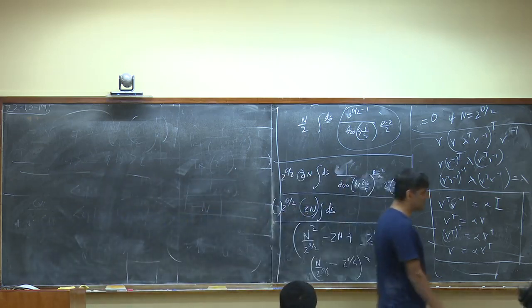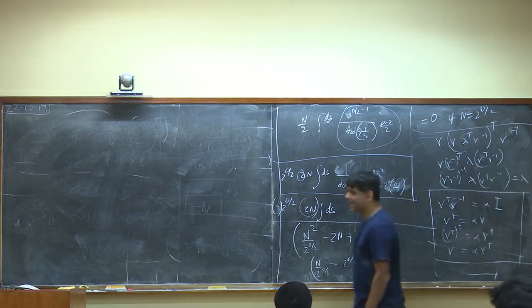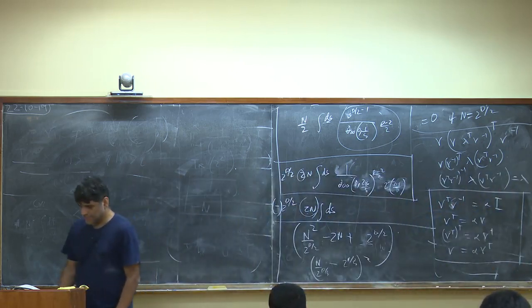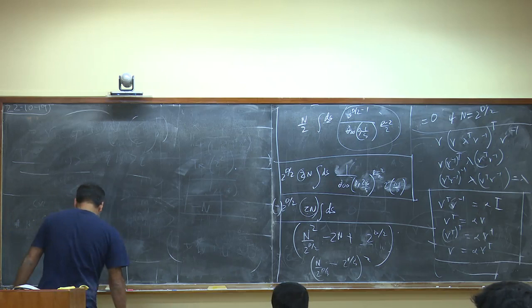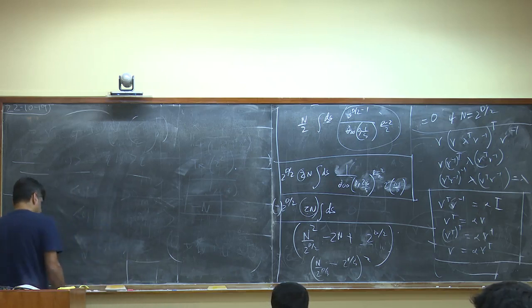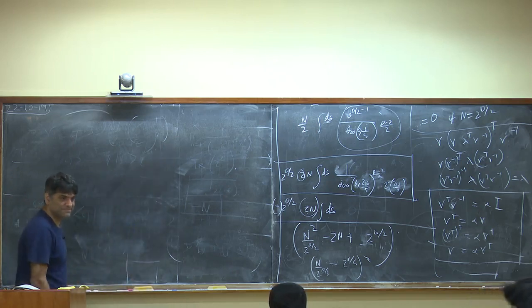And I want to ask the question, what can we say about the gauge group in which these gauge bosons transform? Now let us remember what the vertex operators for the gauge bosons were.